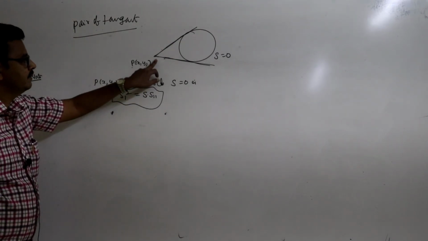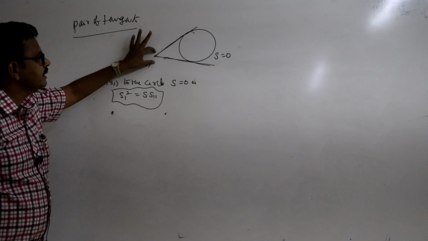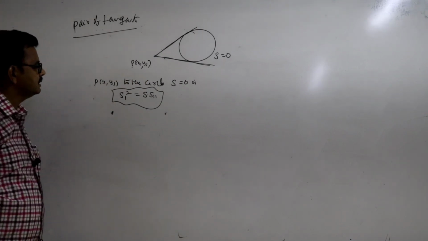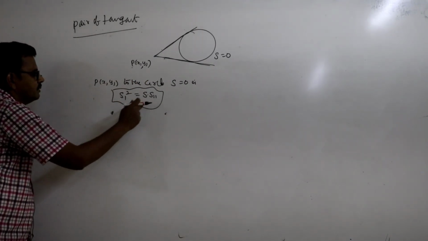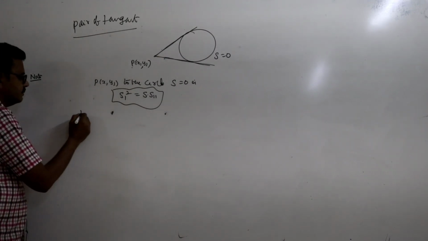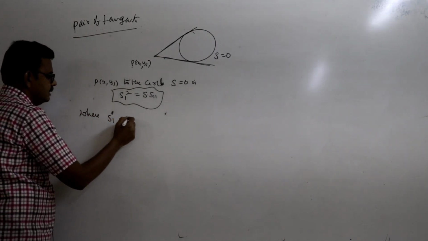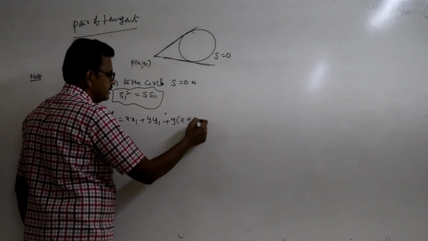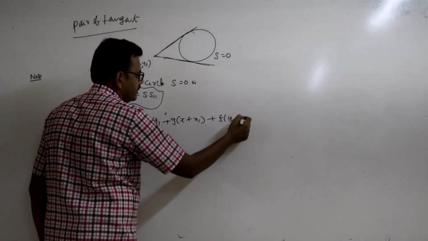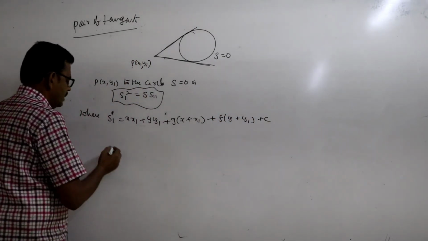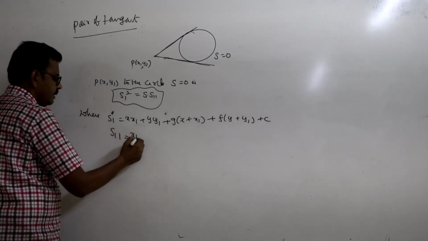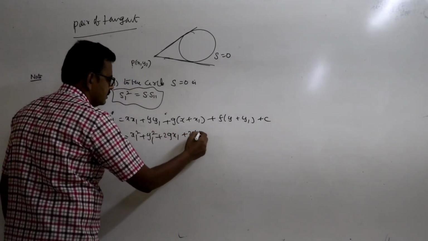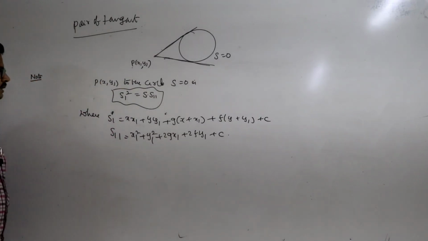The combined equation of tangents, or the equation of pair of tangents drawn from the point P(x1, y1) to the circle S equal to 0, is S1 square is equal to S into S11, where S1 is xx1 plus yy1 plus g(x plus x1) plus f(y plus y1) plus c, and S11 is x1 square plus y1 square plus 2gx1 plus 2fy1 plus c.